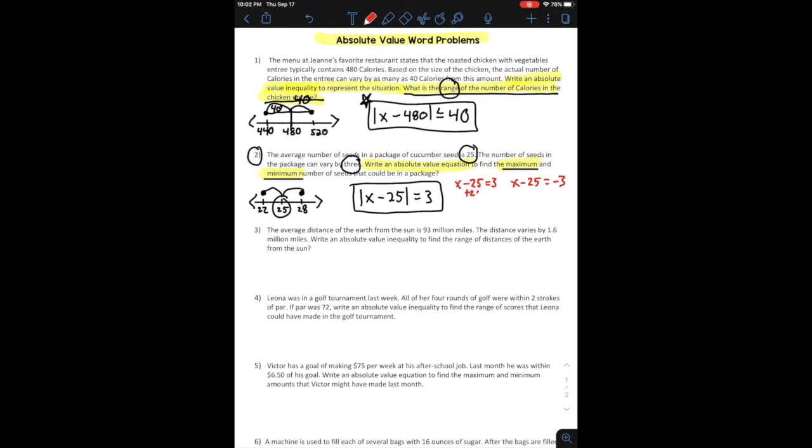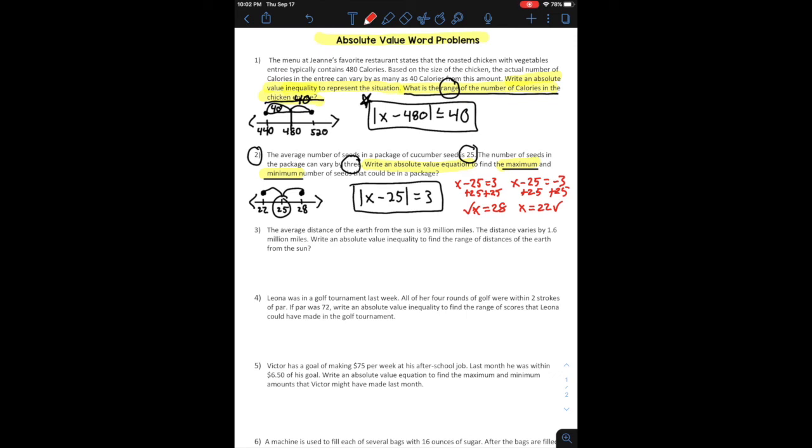Let's find the values of x that would make this true by adding 25 on each side of both of the equations to give us x equals 28. That was one of our answers. And x equals 22. That was the other one of our answers. Therefore, the equation makes sense.